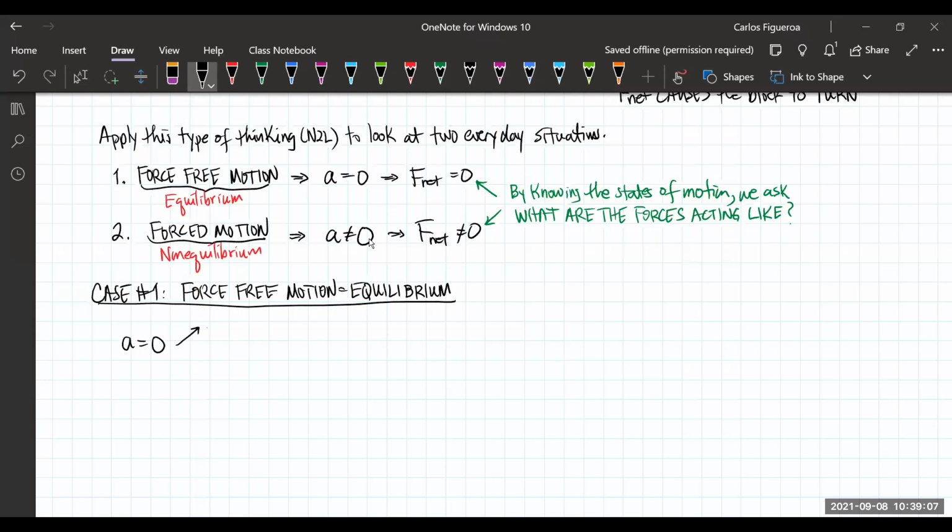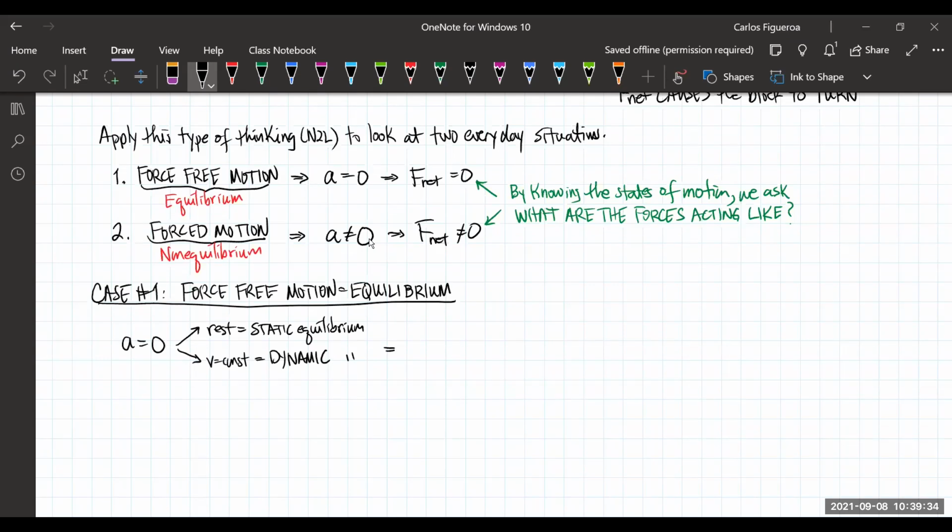I could either be in a state of rest, and this is what they call static equilibrium, or I could be in a state of constant velocity, and that's what they call dynamic equilibrium. So there are two equilibrium states.